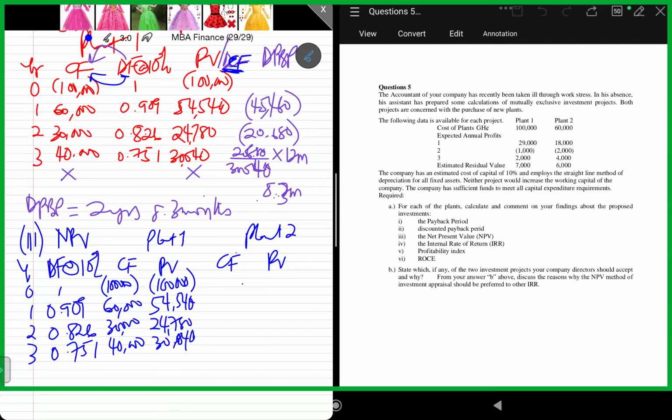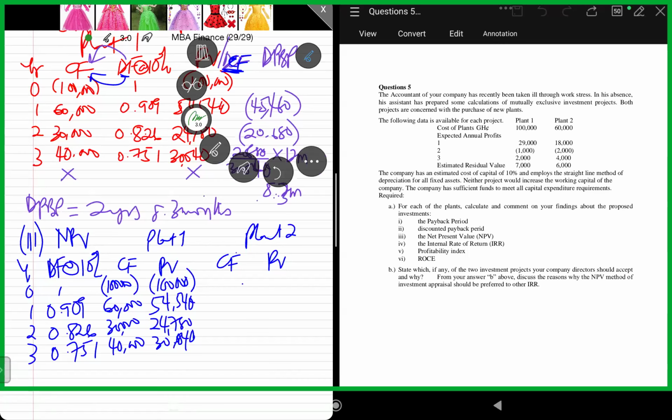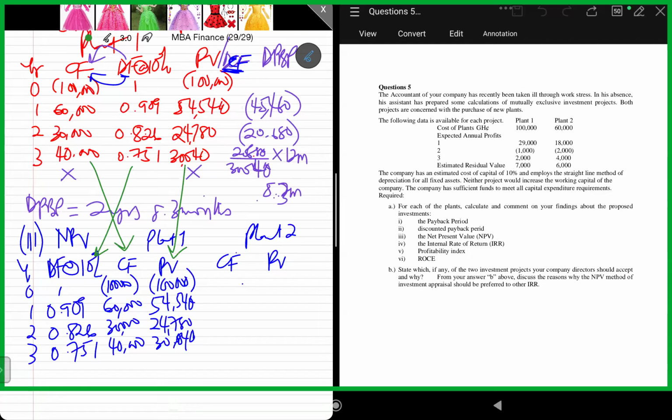I've just copied the discount factor over there. I'm slowing down because I want you to understand. If I were to solve it myself, I would have finished sooner. The discount factor is copied here, the cash flow is here, and the PV is here. I'm just copying and pasting, not multiplying again because it's already up there.